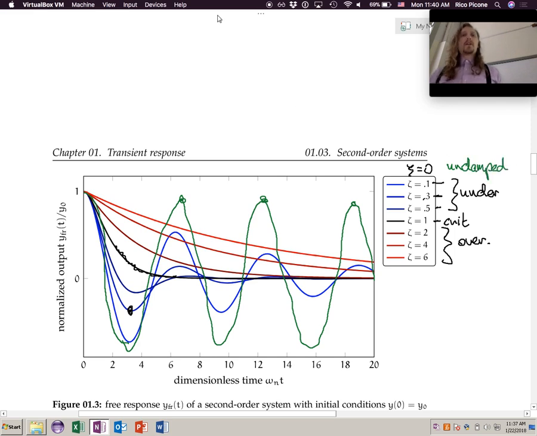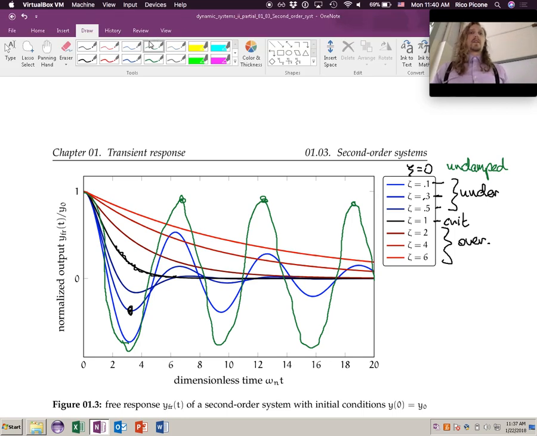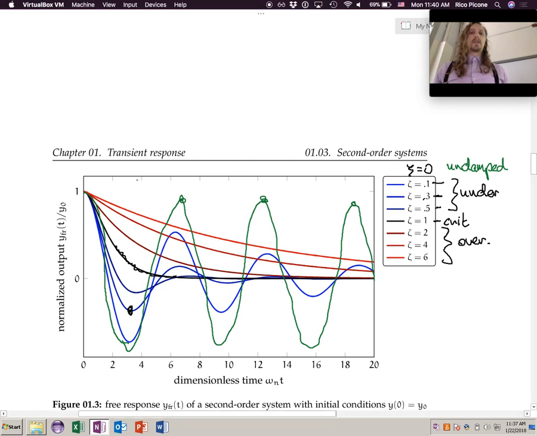And then if we were to go further and we were to make it actually negative, I guess I'm using gray pen now. So if we were to say zeta is, say, equal to negative 0.5. I don't know how to erase very well. Zeta equals negative 0.5.